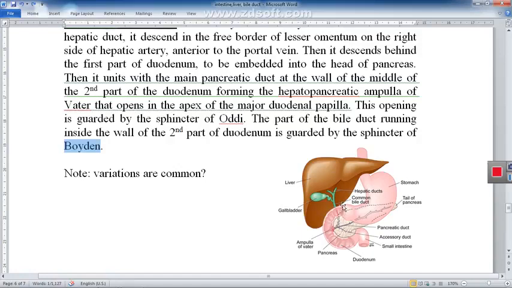But now we have described only the extrahepatic biliary apparatus. The intrahepatic biliary apparatus is part of the histology of the liver. And even these extrahepatic biliary structures are subject to many variations. So you should be aware of the variations if you will become a surgeon in the future.